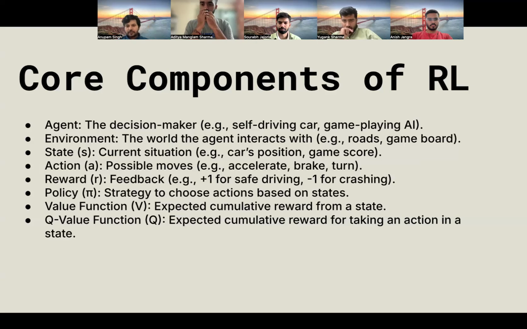But when the car is moving and you take a left, if there is a reward for that, or let's say you save some time, then that is the Q value. Okay. So Q value is value function plus something else?